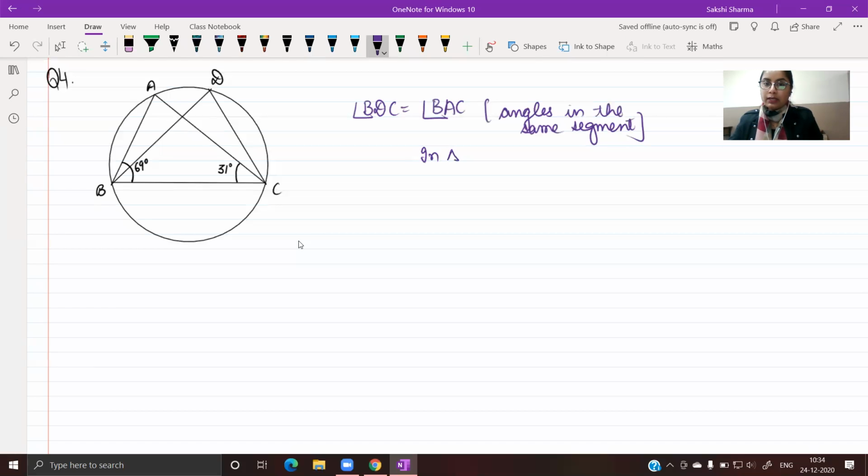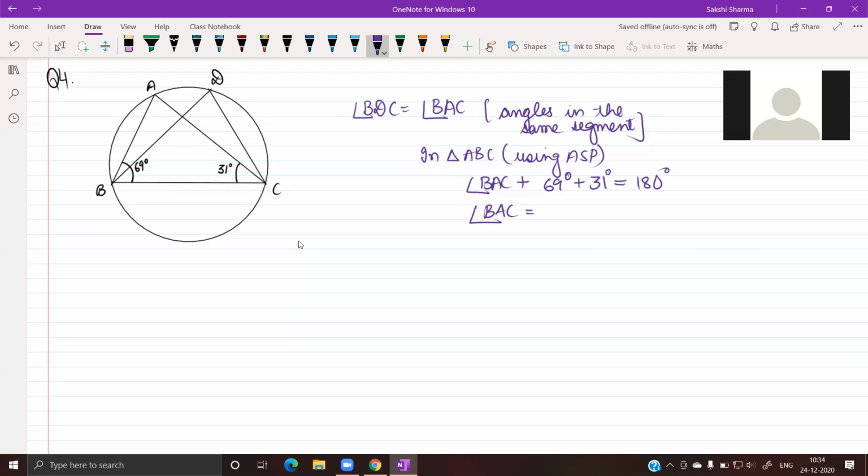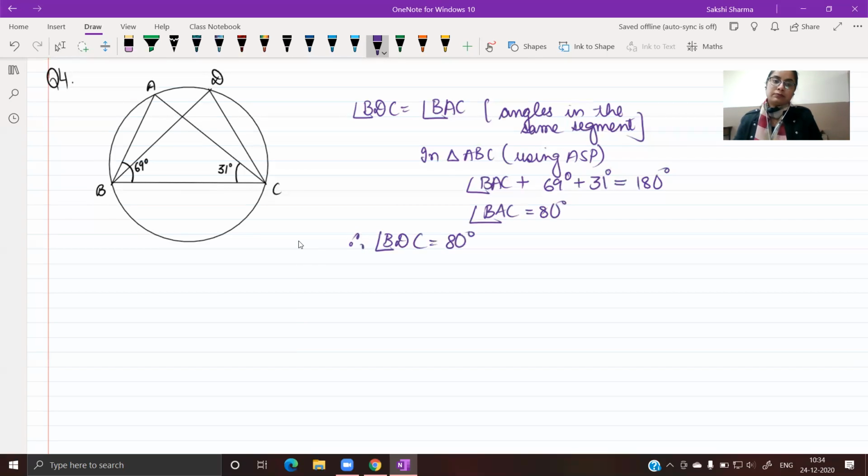And in triangle ABC, we will apply the angle sum property in order to find out BAC. BAC is 80 degrees. So this gives you angle BDC also equals 80 degrees. You can mark, if you want, that these two angles will be equal.